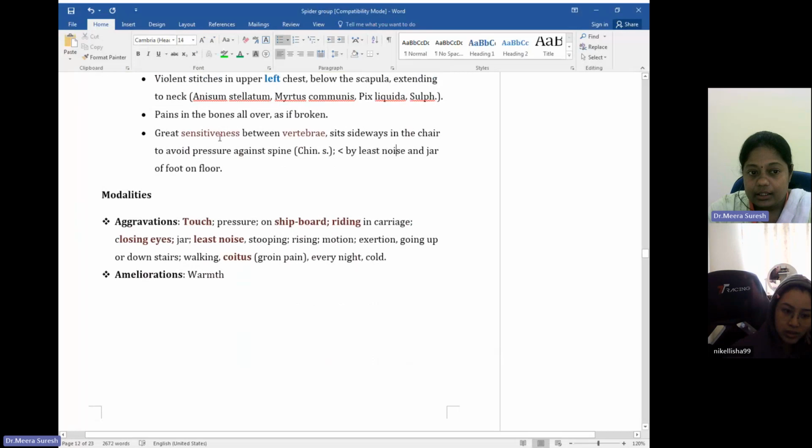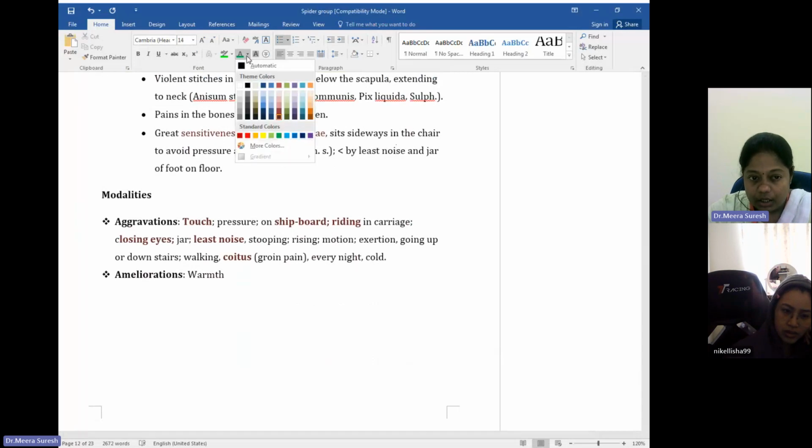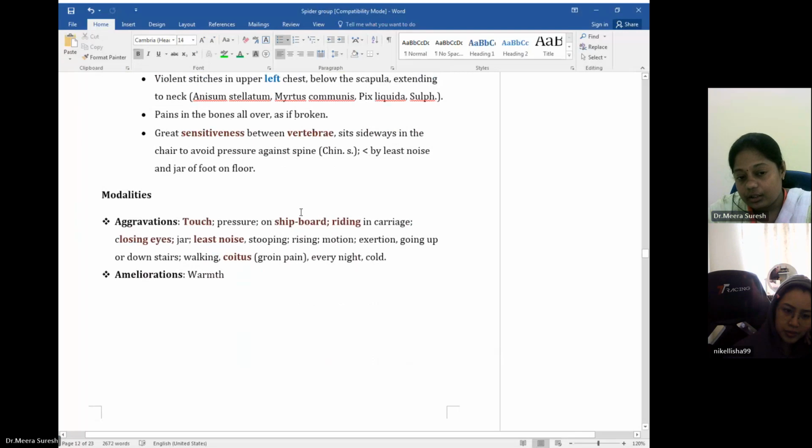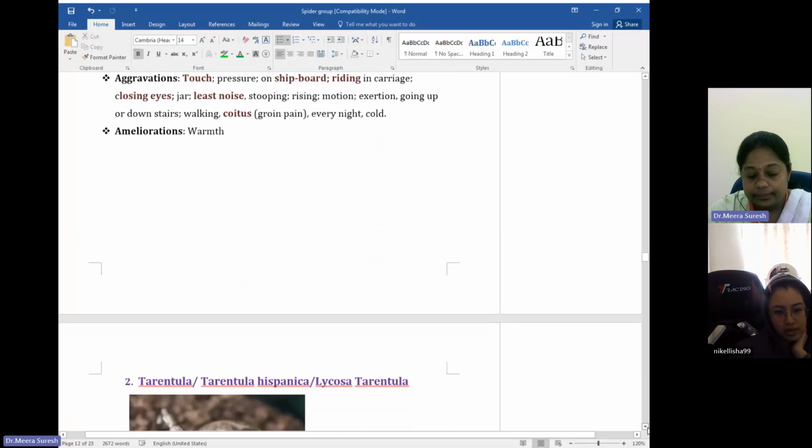So remember this left chest or left lung condition, and also this sensitive vertebra in case of Theridion. So aggravation: touch, traveling in a ship, pressure, riding, least noise, closing eyes, and then coitus. You can connect this and then develop the whole drug. And amelioration will be warmth in general.